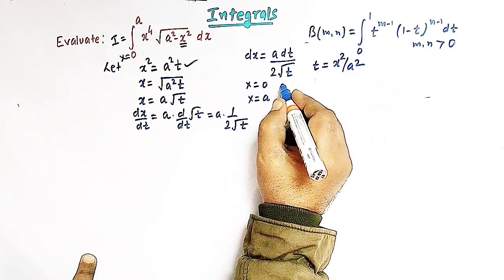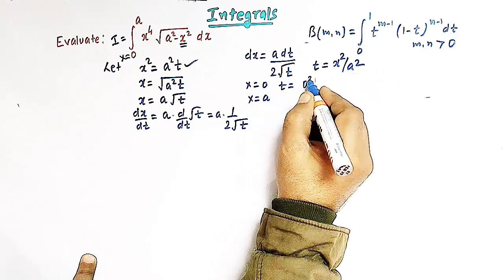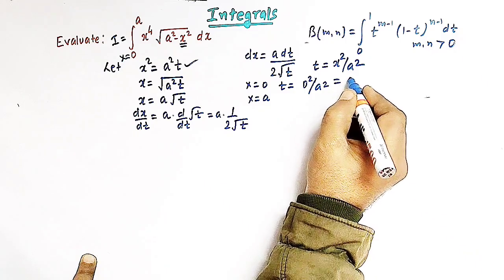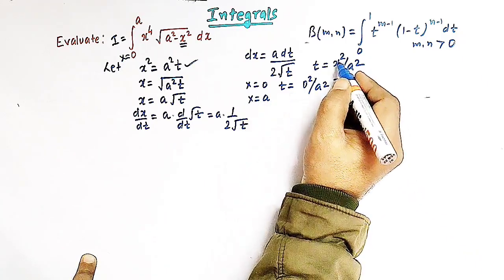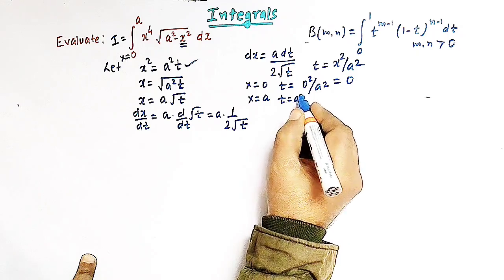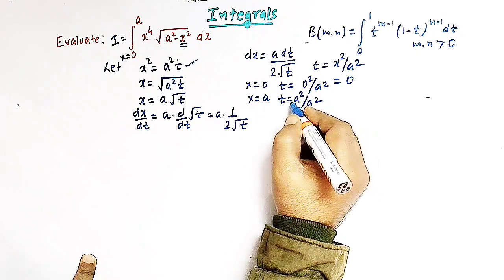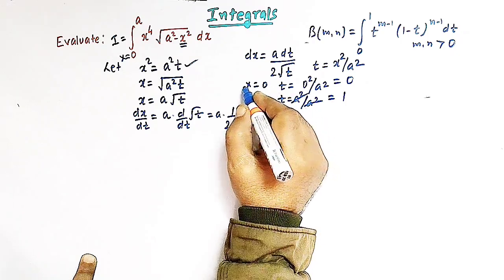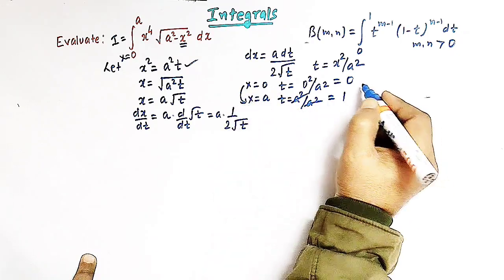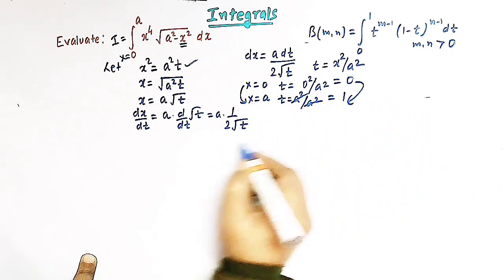So when x is equal to 0, t is 0 square over a square, that is simply 0. And when x is a, then t is a square over a square, and this is equal to 1. So when x varies from 0 to a, then t varies from 0 to 1.